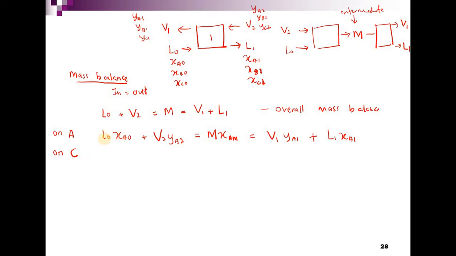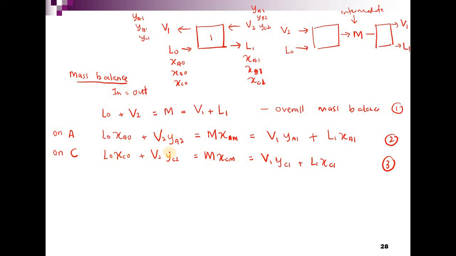So for component C, it will become L0 XC0 plus V2 YC2 is equal to M XCM, equal to V1 YC1 plus L1 XC1. So we have three types of mass balance: the overall mass balance, the mass balance on component A, and mass balance on component C.